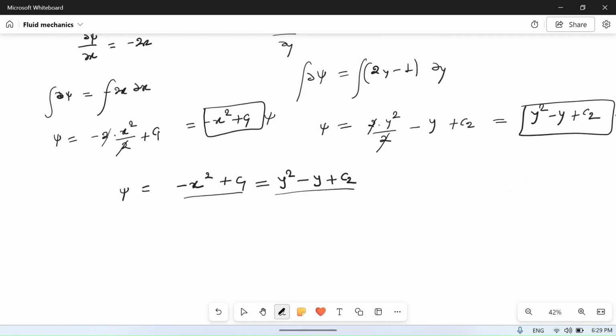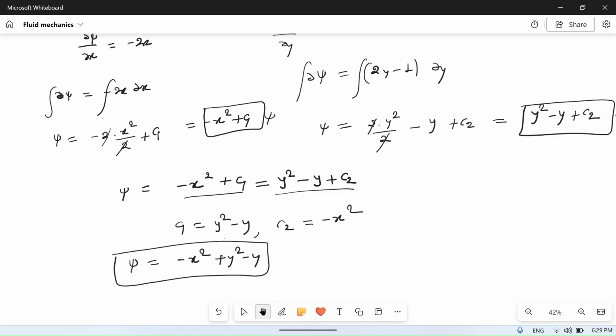It is only possible if c1 is equal to y square minus y and c2 is equal to minus x square. So psi becomes minus x square plus y square minus y. This is the value of the stream function.